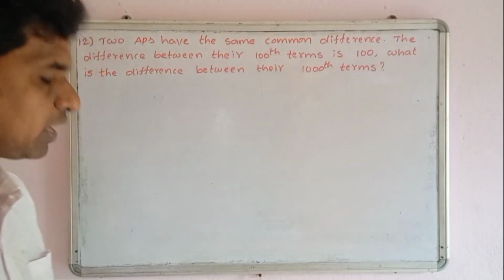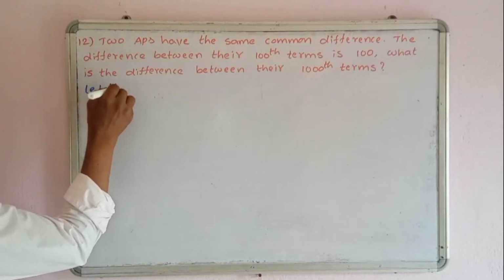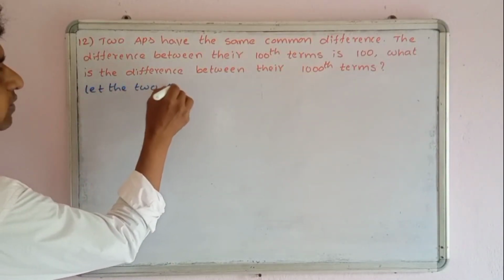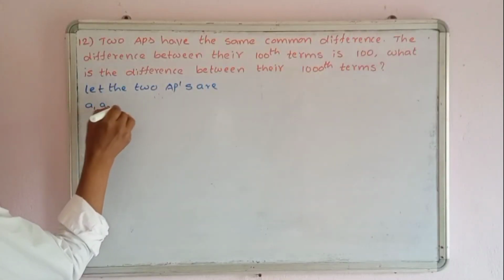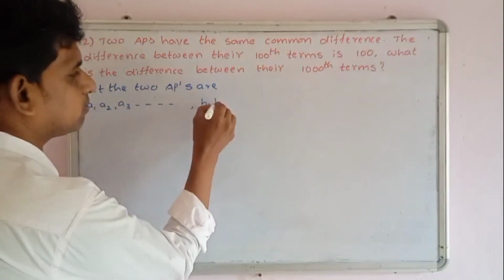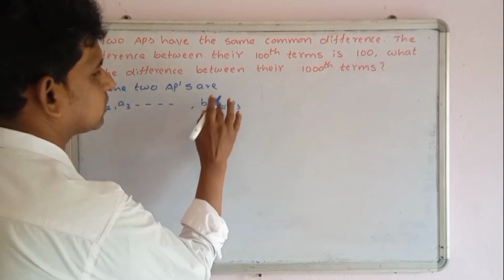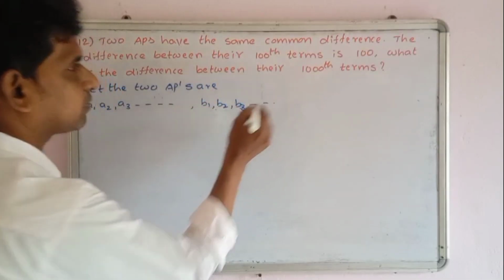Okay, now let the two APs be A1, A2, A3 and so on. Another one is B1, B2, B3 and so on.